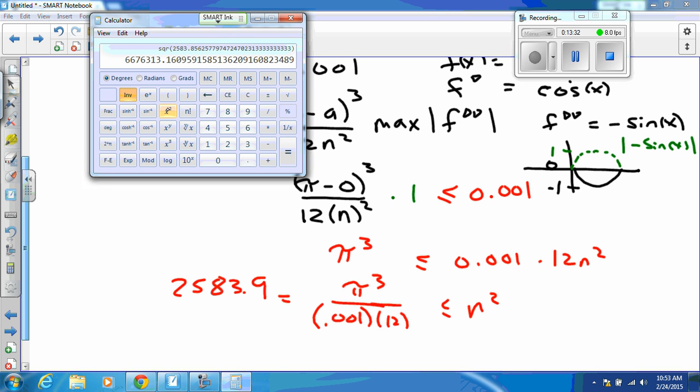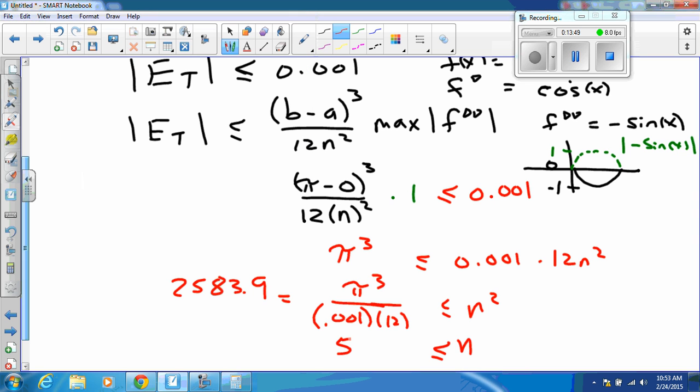Now that's huge, but we get to take the square root here. Nope, that didn't do an inverse formula. Why not? Oh, because there's my square root. 50.83.